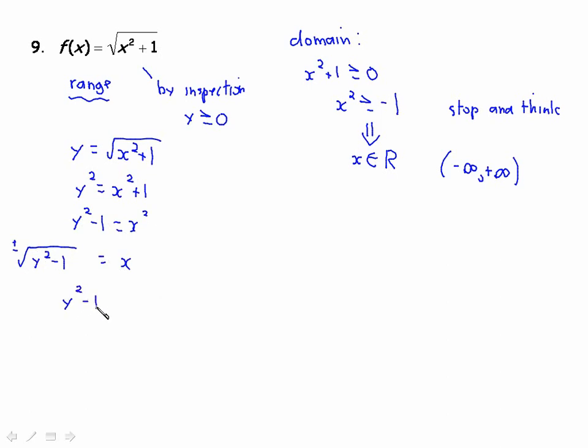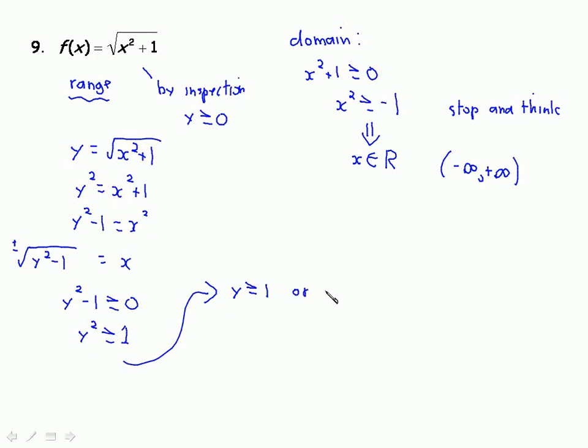Now, when we set this to 0 and make our conclusions based on it, y squared minus 1 is greater than or equal to 0, so y squared is greater than or equal to 1. And this is like what we saw in the earlier example, because it's similar to it at least. It means that y must be greater than or equal to 1 to be, when we square it, greater than 1.